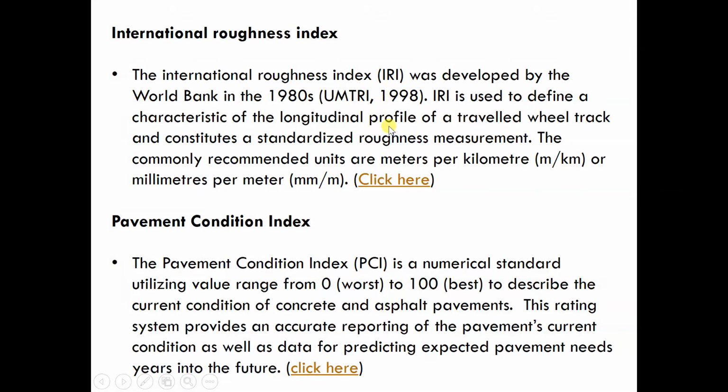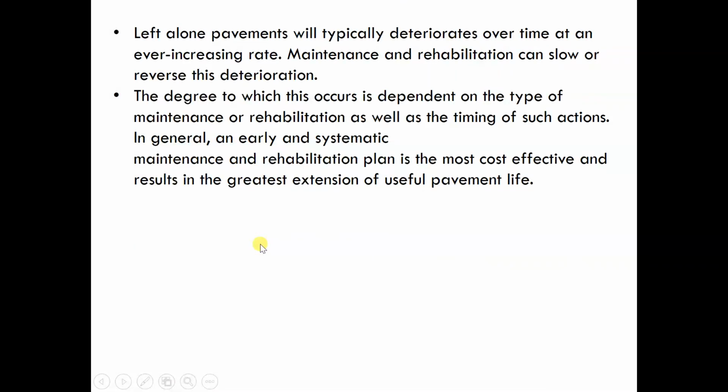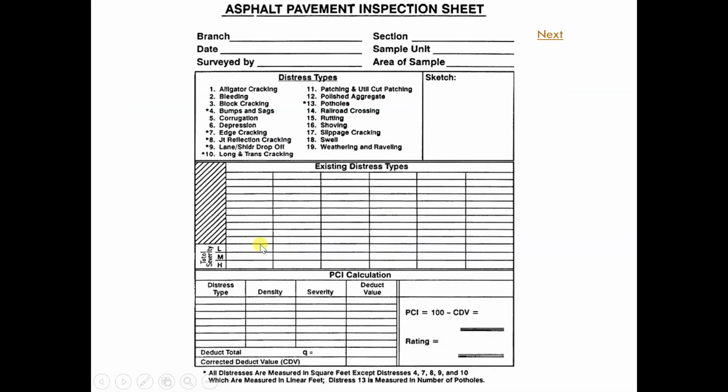For the international roughness index, it is usually measured by a machine. Whereas for the pavement condition index, they use visual inspection. They go and check the cracks and all these things on the road, and they come out with the PCI. What is the PCI for that?